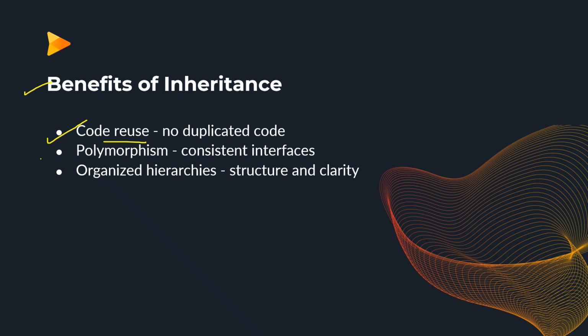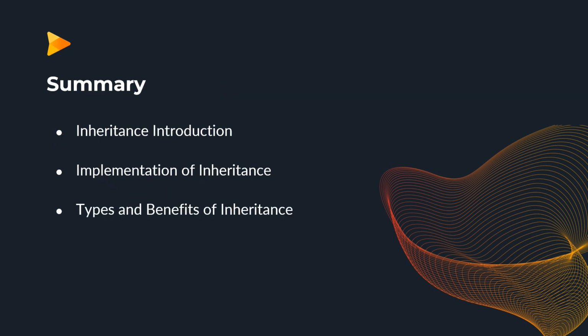It also provides polymorphism, which we are going to see in further videos. It organizes hierarchies, provides a well-structured layout, and gives clarity to developers, so everyone can understand the code easily by using inheritance.